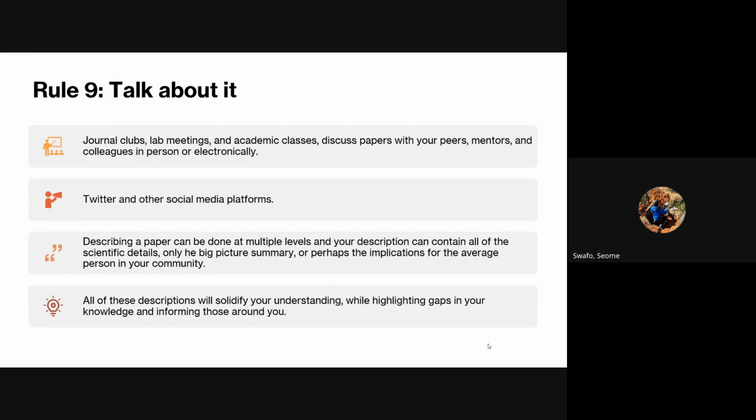Yes, you can have friends who are not in the same research, but you need to have people whom you can talk to about the works that you are reading. It cannot just be those friends where you talk about social life.